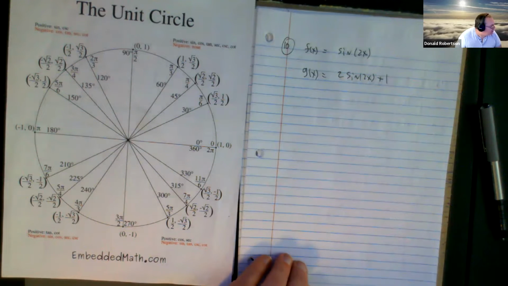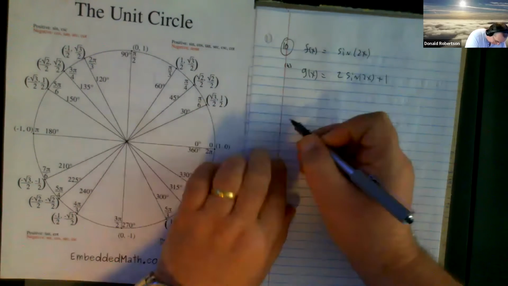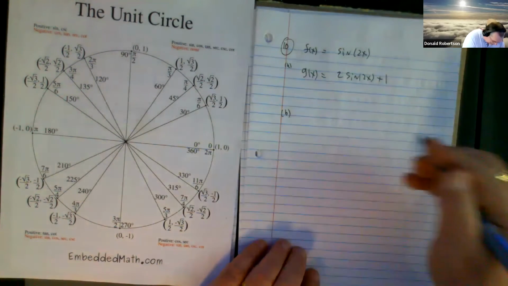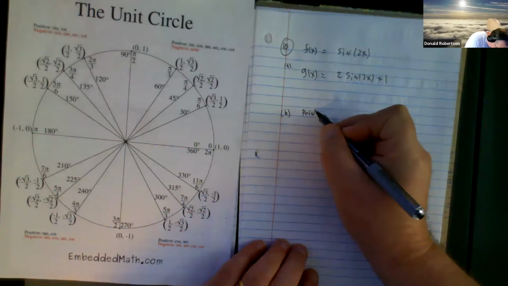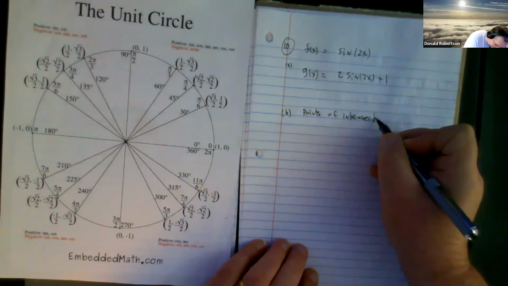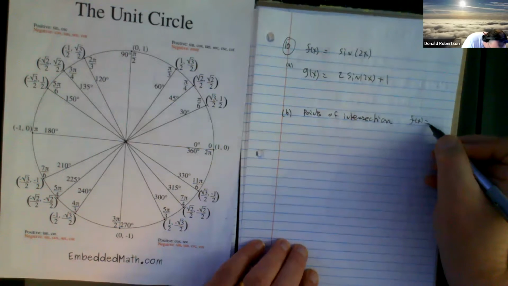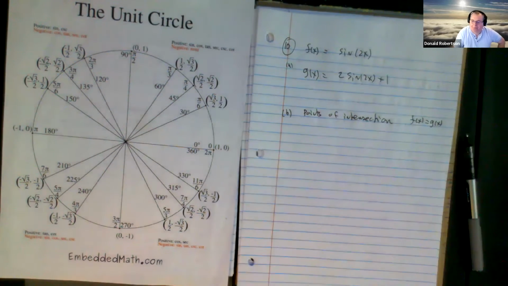And once we've drawn them, that's part A, we're going to use that graph to do part B, and that's find the points of intersection. So essentially, we're looking for when f of x crosses and equals g of x. So this is not clunky, this is nice and smooth. So bear with me for a second while I find the right window. That looks good.